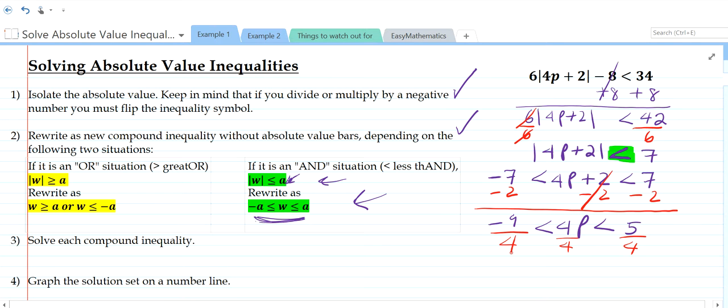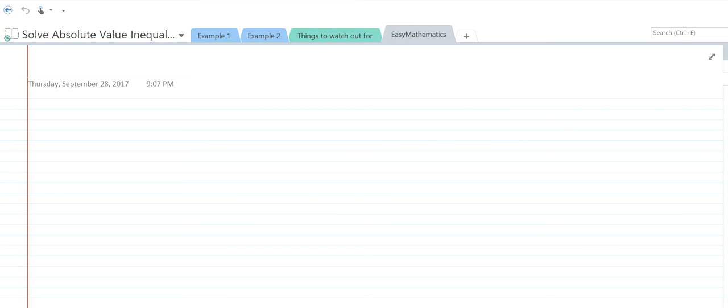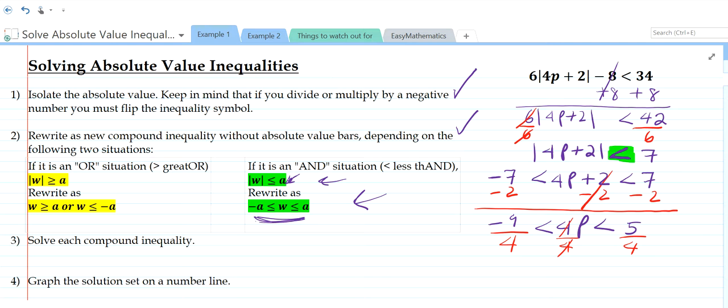Remember, when solving inequalities, if we multiply or divide by a negative number, we have to flip the inequality symbols. But we just divided by 4, and 4 is not negative, but it's something we always have to be careful about and watch out for. So the 4's cancel, and we get p is greater than negative 9/4 and less than 5/4. We're done with step 3.